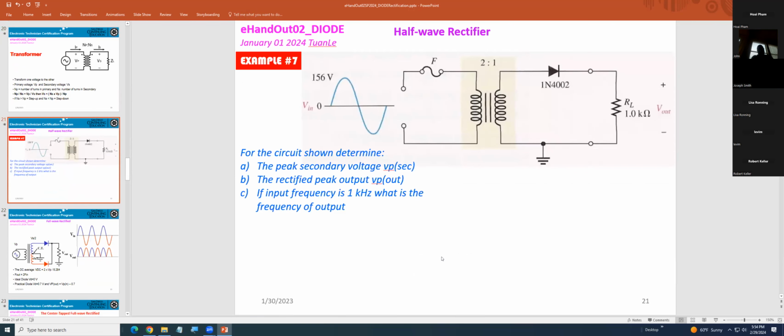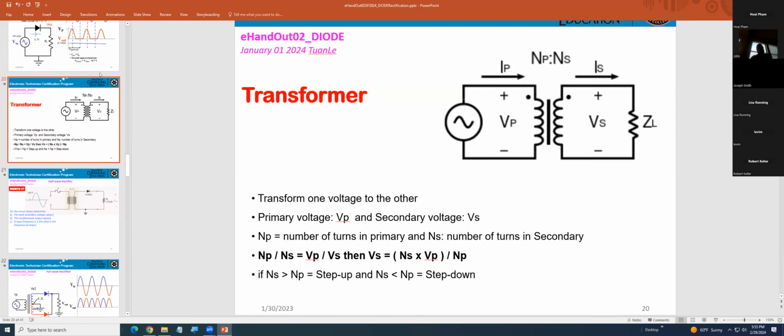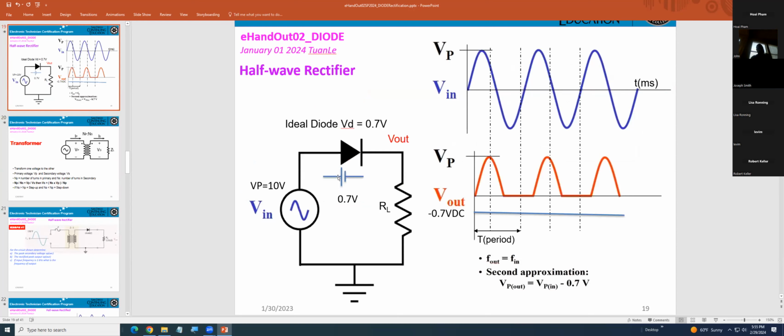Now, you can see this circuitry is the same as the other. You get a diode, and this is just the load. However, on this one, they're using the generator, giving you the sine wave.